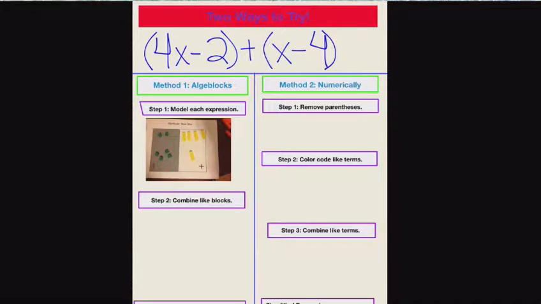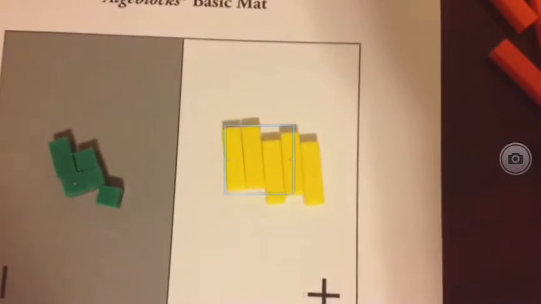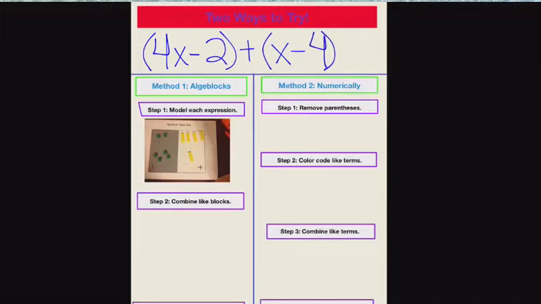Okay, next step is to combine like blocks. So I'm going to go ahead and combine all my x's and combine all my green blocks on my negative side here and go ahead and take a picture. And drop that into GoodNotes.